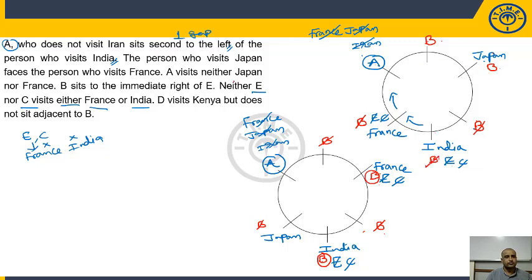Okay, let's move further. Last statement: D visits Kenya but does not sit adjacent to B. Let's come to this arrangement first.